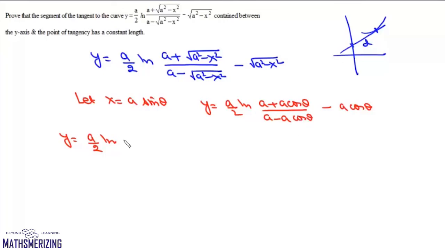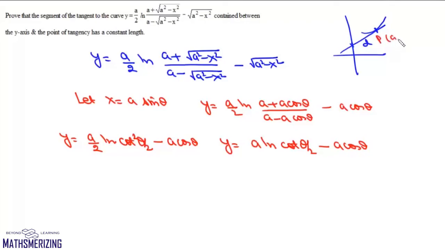So it'll be cot square theta by 2 minus a cos theta, or we can write this as a log cot theta by 2 minus a cos theta. So this is our point, say P, which is given by (a sin theta, a log cot theta by 2 minus a cos theta).